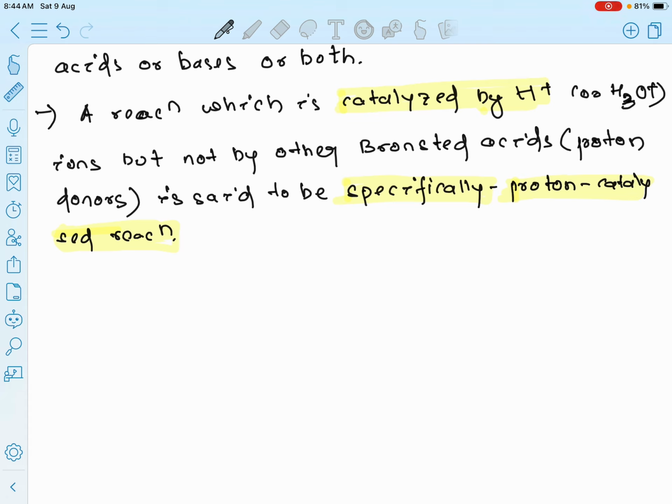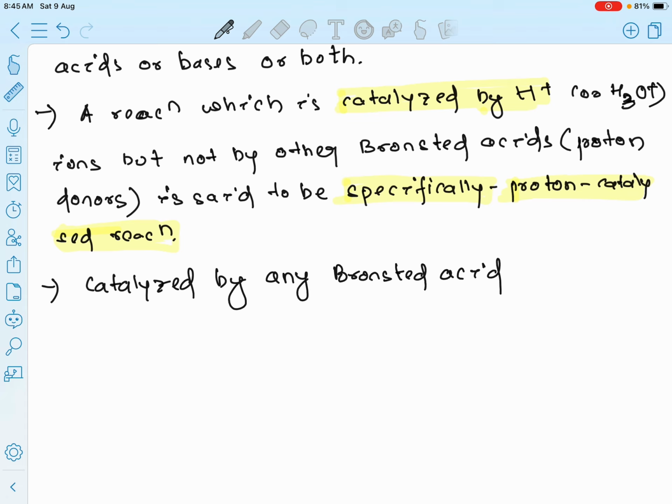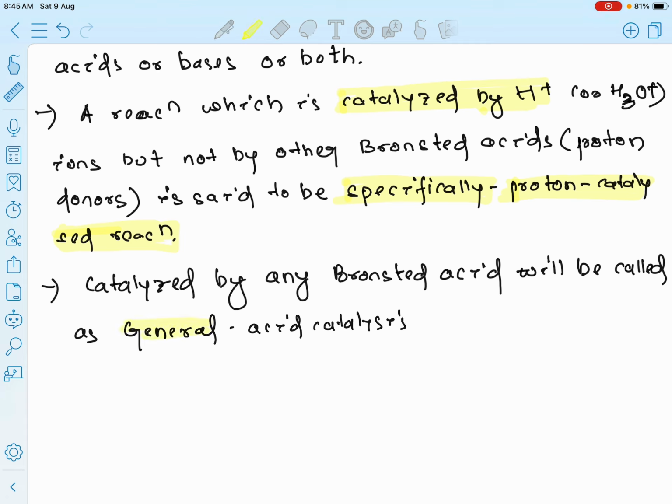Similarly, if a reaction is catalyzed by a Bronsted acid, it will be called general acid catalysis.